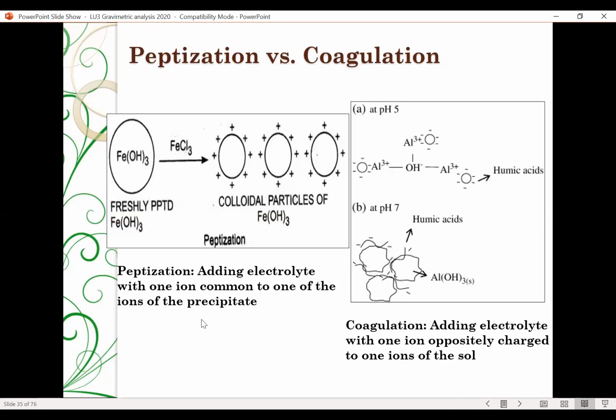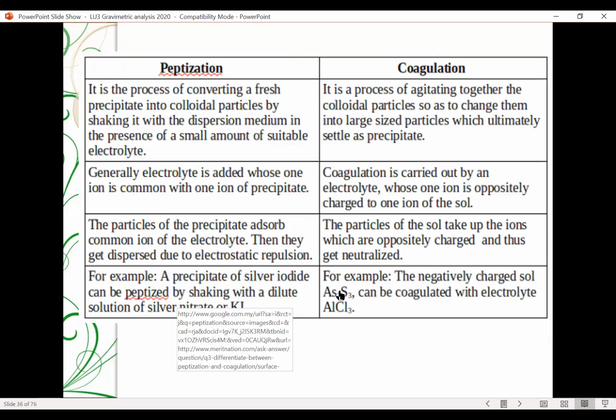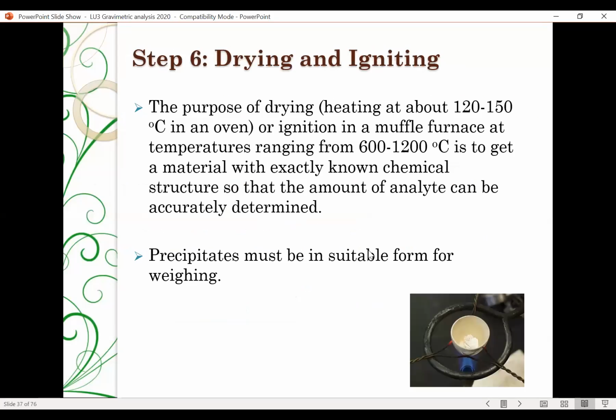We don't want the peptidization, because the peptidization will cause the coagulated particles or precipitates to form smaller colloidal particles. So this is the comparison between peptidization and coagulation process for you to understand more. You can read it on.